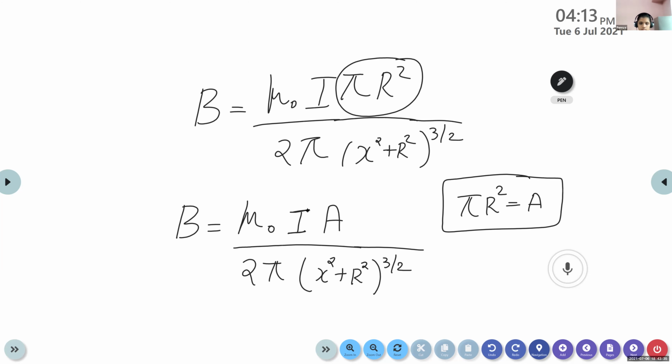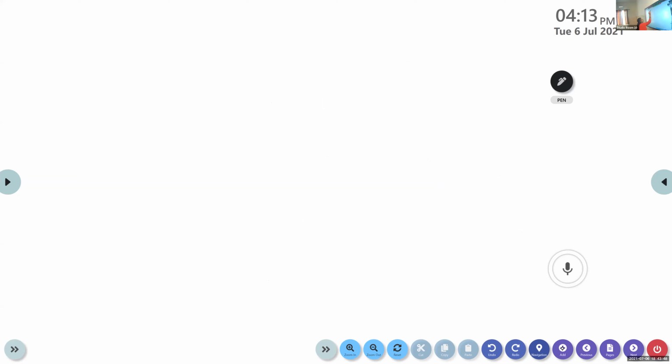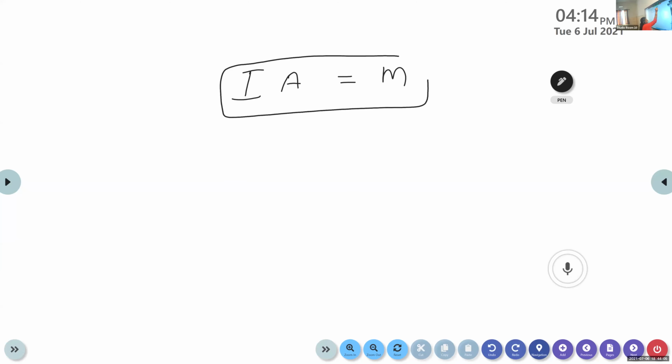Here the product of current and area is the magnetic dipole moment and it is represented by the letter M. IA is the product of current and area of the circular loop, which is equal to the magnetic dipole moment of that conductor, M.